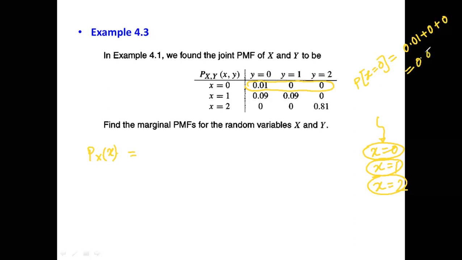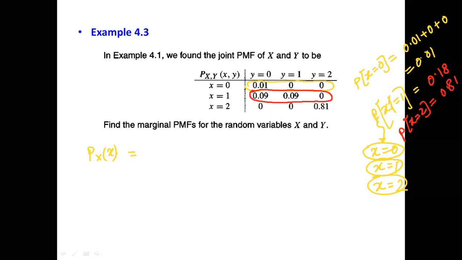That is 0.01. For X equal to 1, that will be addition of these. That will become 0.18. And then probability of X equal to 2 will be equal to 0.81.